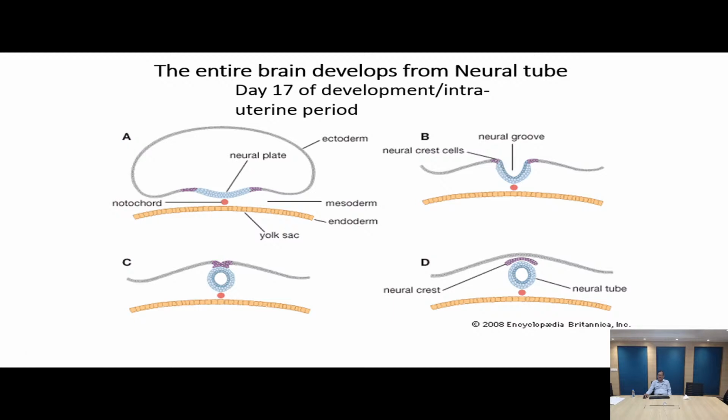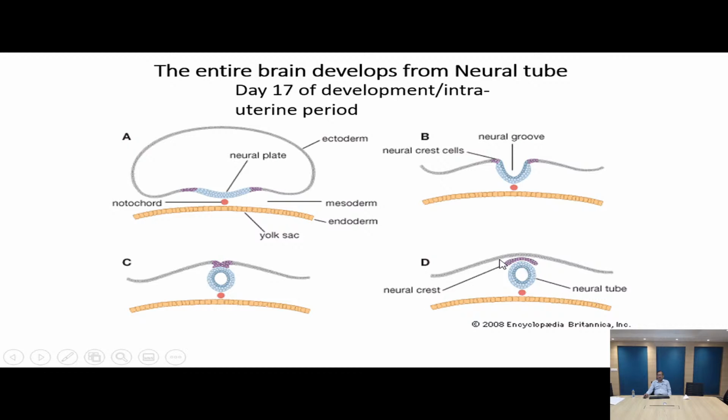Afterward you can see that this groove has converted into a rod shaped structure which is known as the neural tube, and these cells which were present on the margins of this groove have aggregated together to form the neural crest.